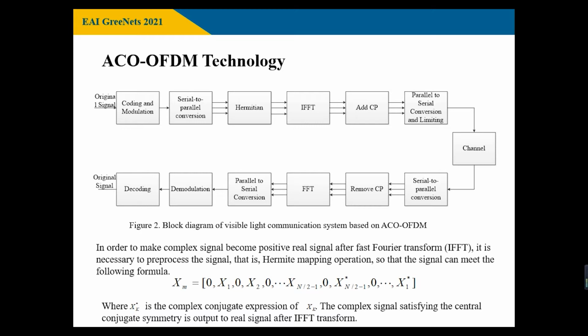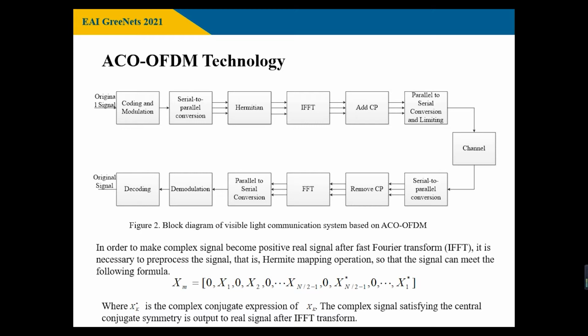The OFDM signal is a bipolar signal, but for the traditional intensity modulation, direct detection optical communication system, the bipolar signal cannot be directly used because the light intensity cannot be negative.